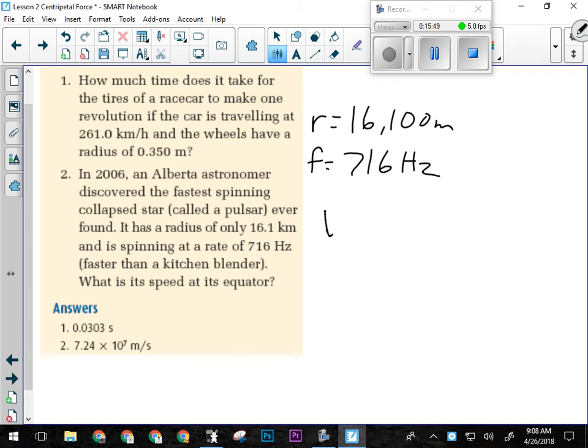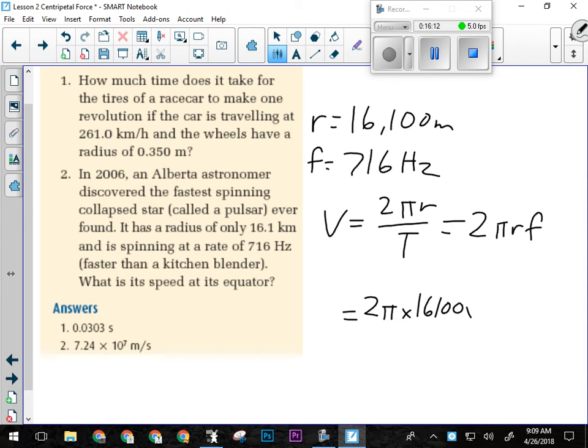All right, so we've got V equals 2 times pi times r divided by t, but we don't have t. So we could do this in 2 steps by going 1 over f and finding t, or we could just understand that really this is also 2 pi r times f. Okay, so when I plug in my numbers here, it's just going to be 2 times pi times 16,100 times 716.